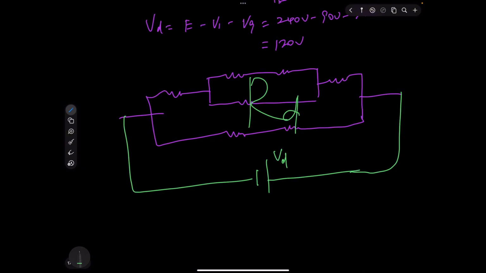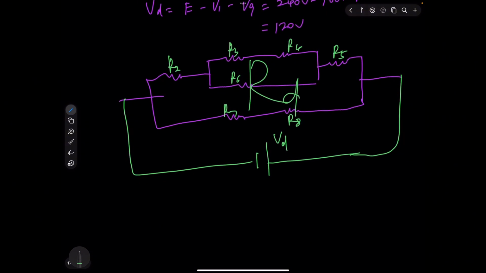So this is R2, this is R3, R4, R5, R6, R7, and R8. Then after we get VD, we can get the current flowing through this branch, and also the current flowing through this.